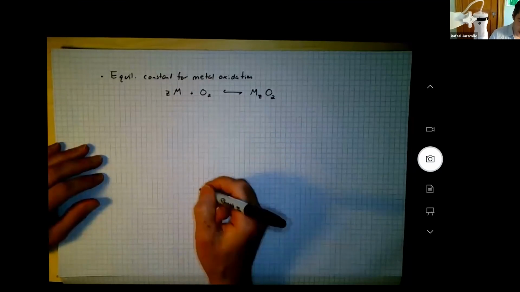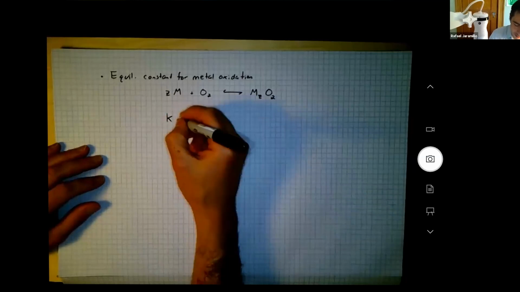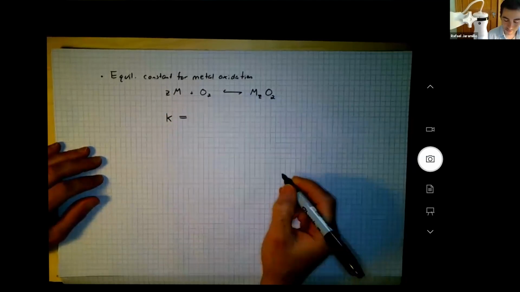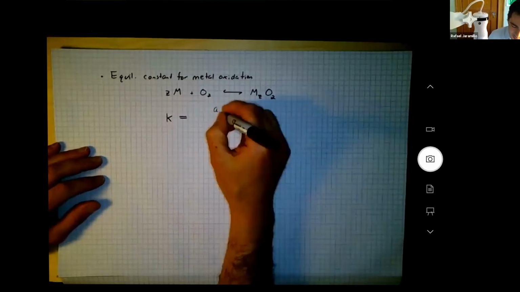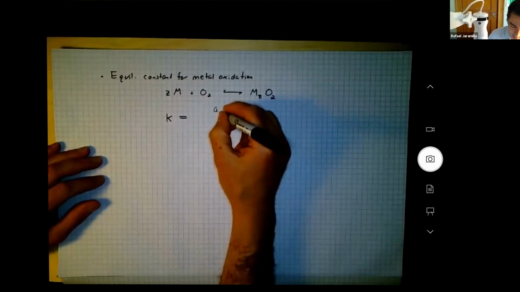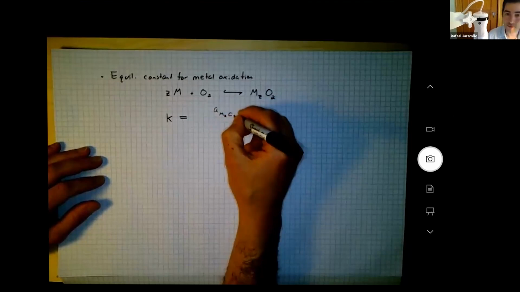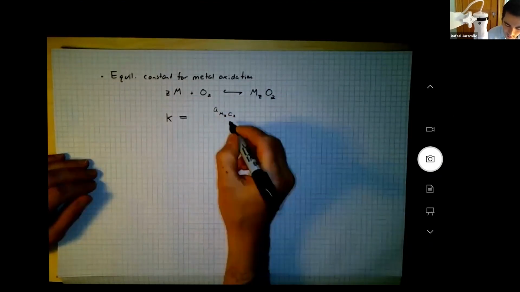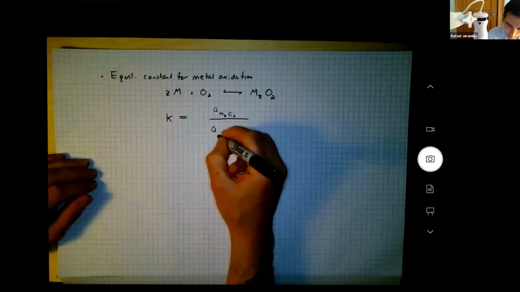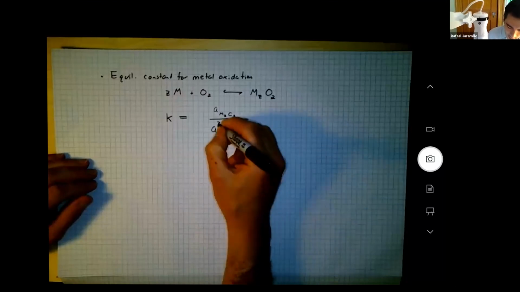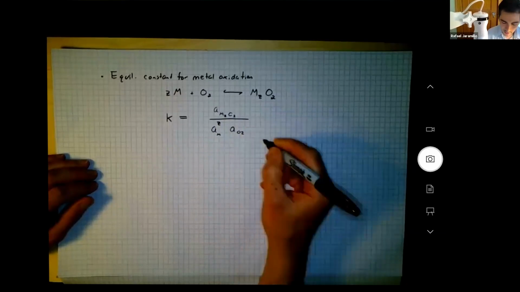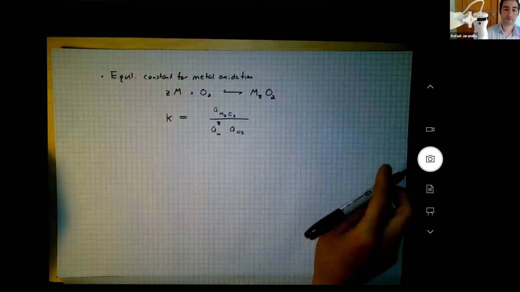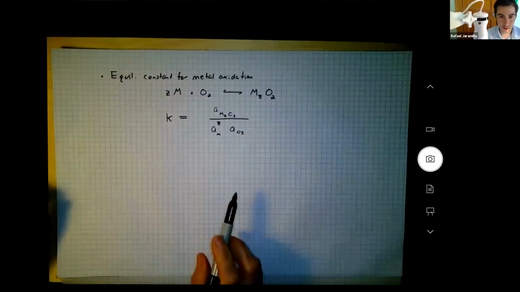So, all right. Now we're going to write the equilibrium constant for this reaction. So we have the activity of the oxide, M_zO_2. Sorry, the writing is getting a little bit small there. The activity of the oxide over the activity of the metal to the power z times the activity of O2 gas. Right? Okay.